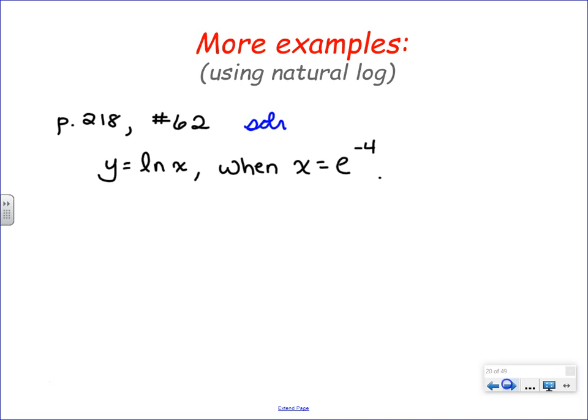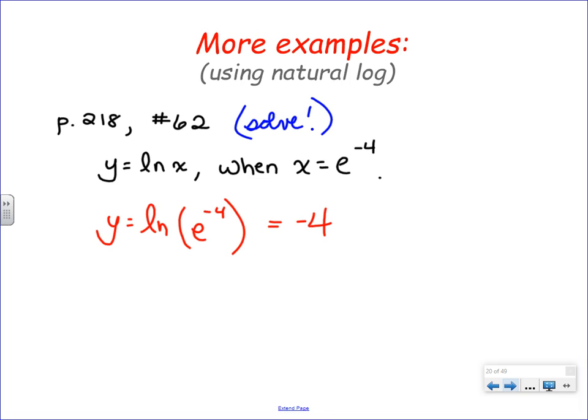How do you solve the problem if they give you a y equals and then they give you a specific x to deal with? Plug it in, plug it in. You end up with y is equal to ln of e to the negative 4. It is negative 4. How come? What's true with ln and e?